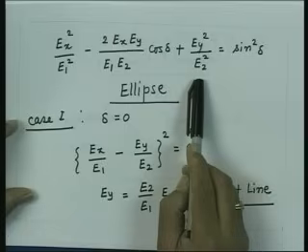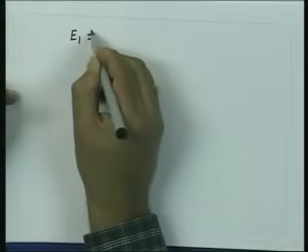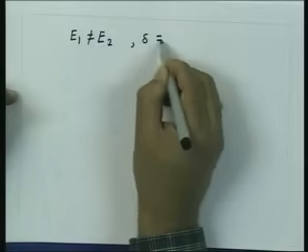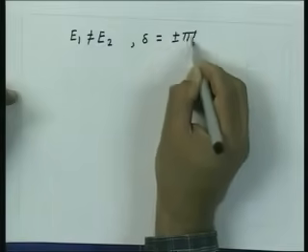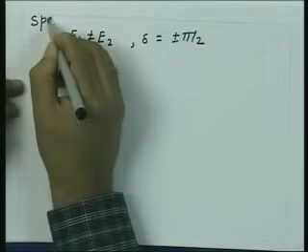So, as a special case of this ellipse, we take the equation of this ellipse when E1 is not equal to E2, but delta is equal to plus minus pi by 2. This is one of the special cases.